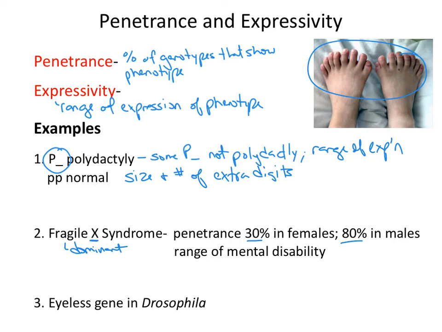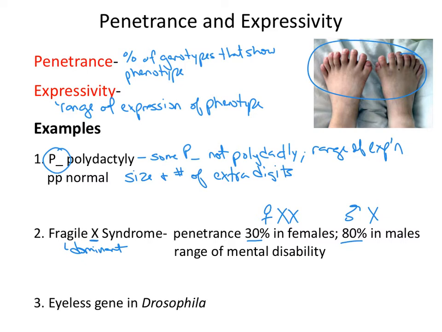I want you to take a second to think about this. Why are more males affected by Fragile X than females? Pause if you still don't have an answer. How many X's do females have? They have 2 X's. Males only have 1 X. So if they have one Fragile X, they're going to be more susceptible to the issues.